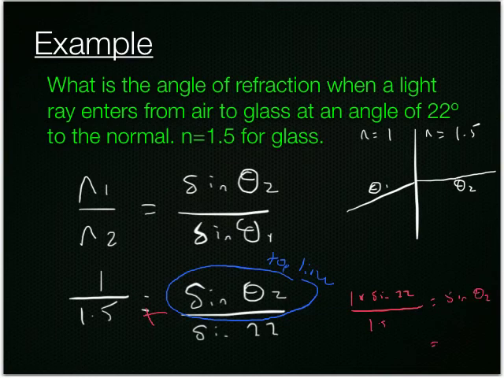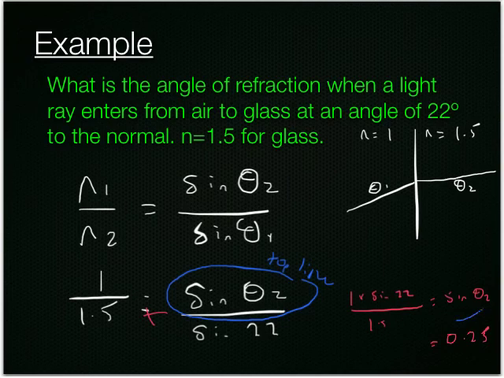So you can work that out, and you get 0.25, something like that. And that's what sine theta 2 is equal to.